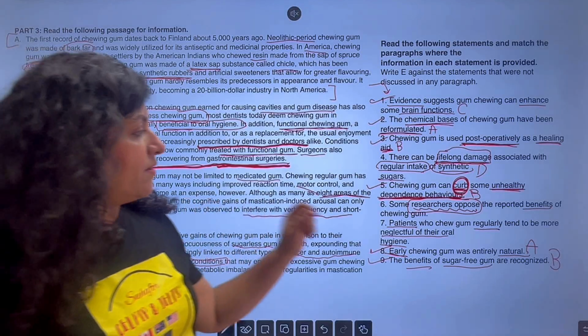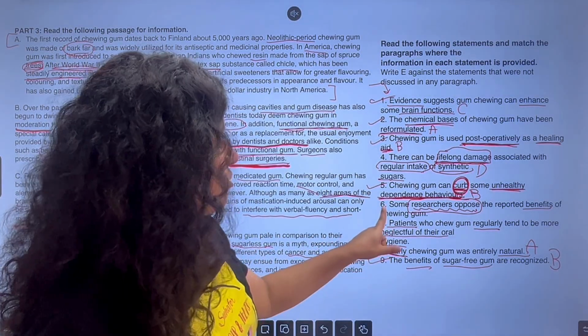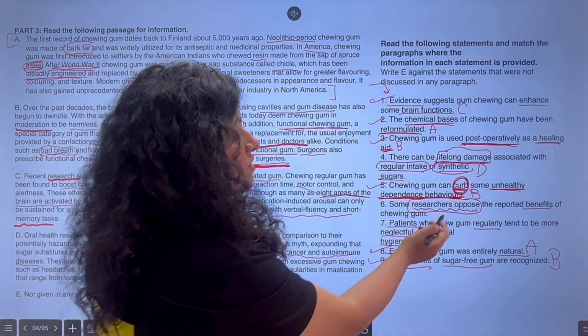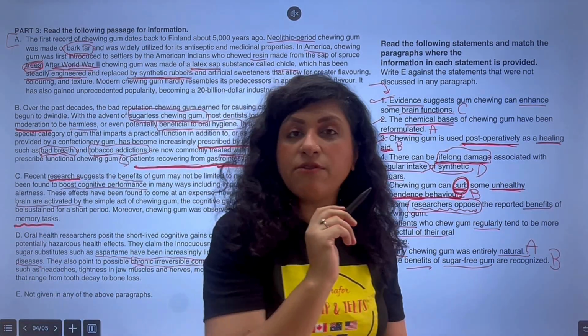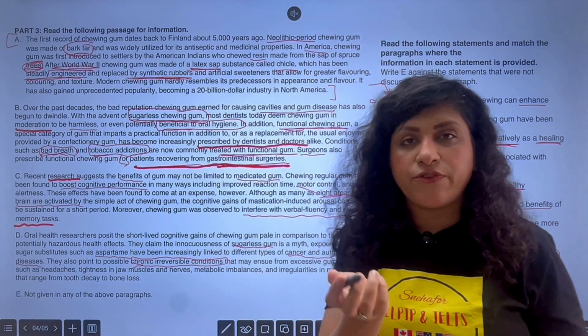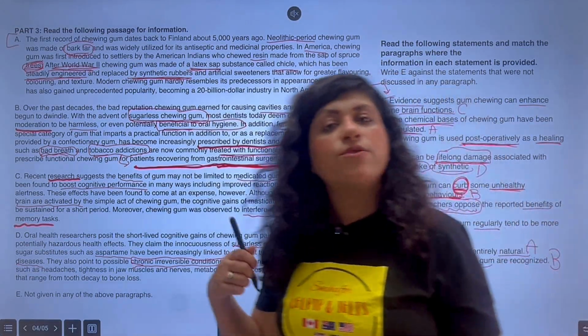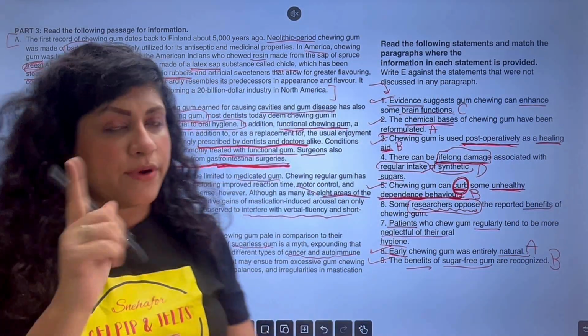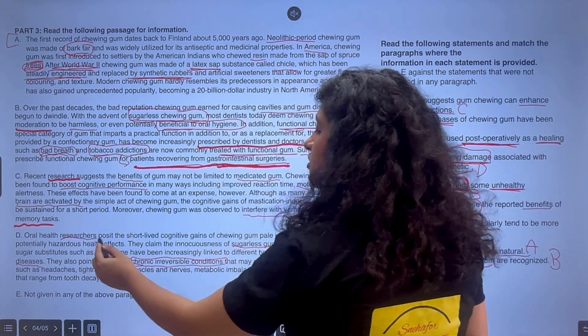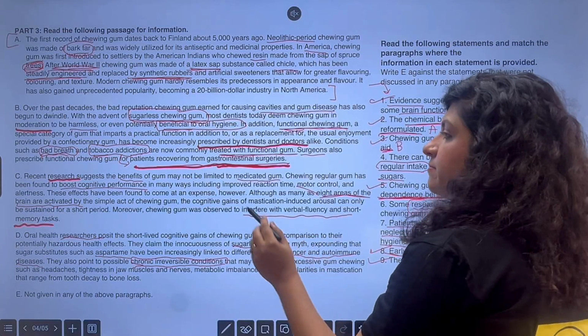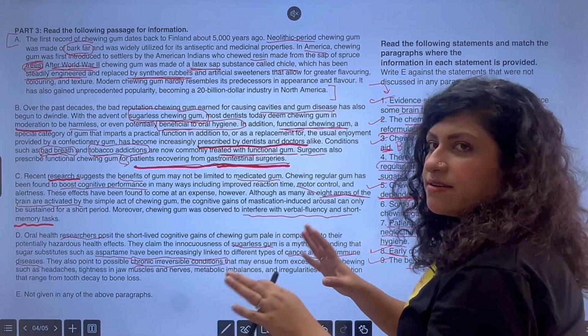And we are left with question number 6. Some researchers oppose the reported benefits of chewing gum. Yes. Opposing benefits means talking about its ill effects. And D talks about the ill effects of chewing gum, right? It's clearly said in the first line. Researchers are weighing benefits and hazardous health effects.